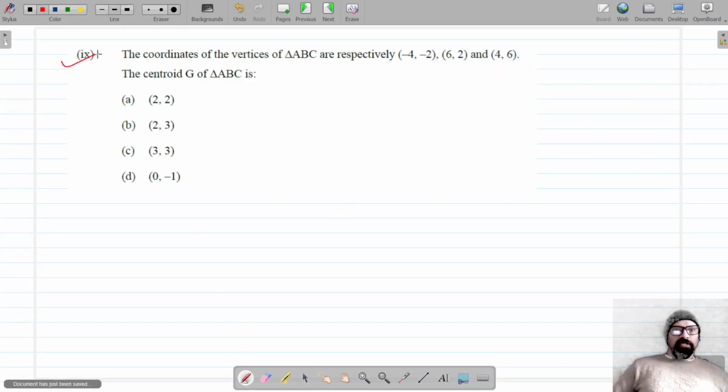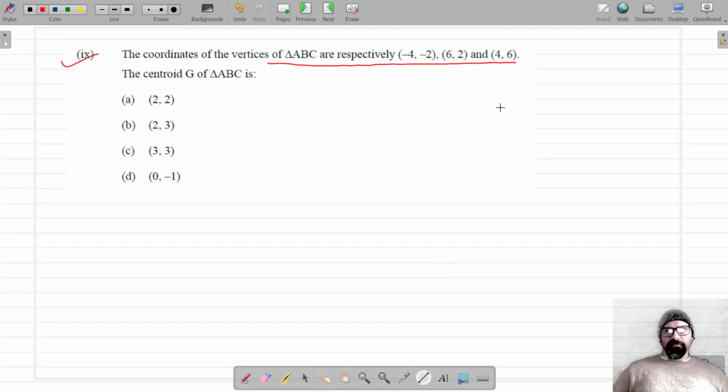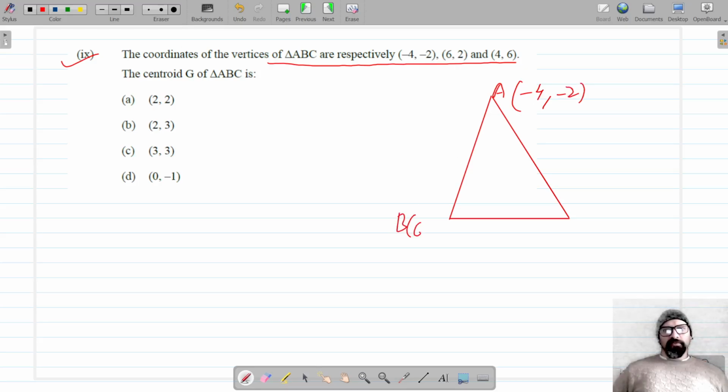For question number 9, it's given that the coordinates of the vertices of triangle ABC are. So these are the vertices of the triangle ABC. So this is vertex A, which is negative 4, negative 2. And let's say B is 6 comma 2 and C is 4 comma 6.